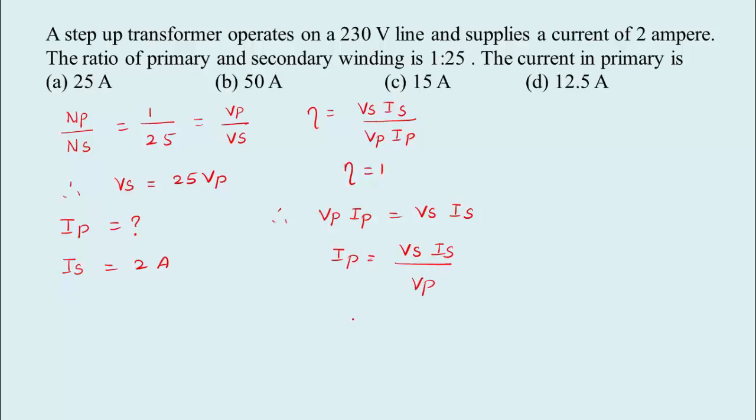Substitute the values: Vs is 25, Is is 2 ampere, and voltage across primary is 1, since Vp by Vs is 1/25. So we will get 25 into 2 is 50 ampere. So current across the primary is 50 ampere, that is option B.